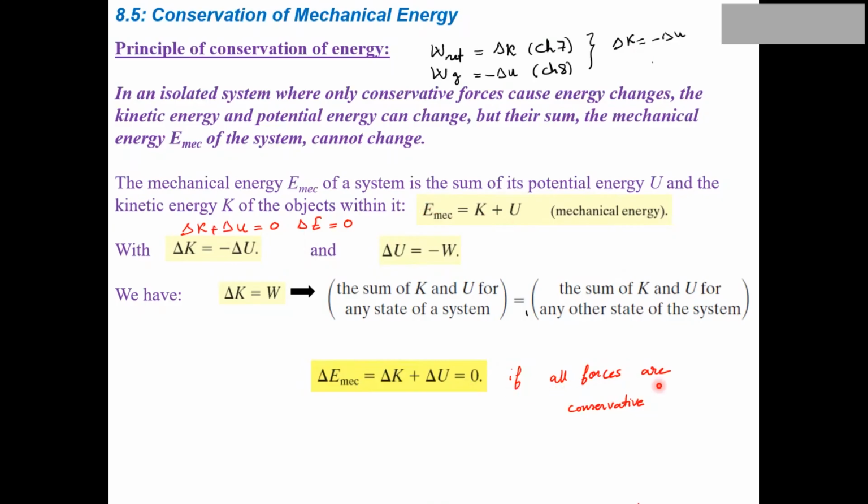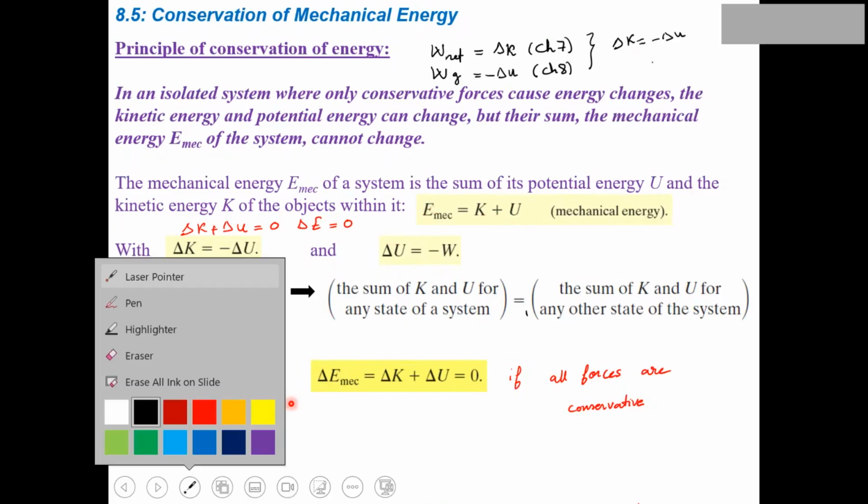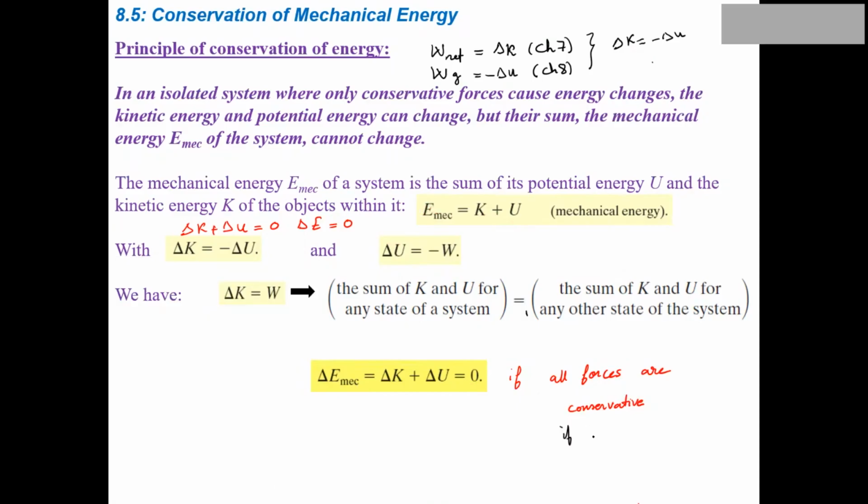I said if all forces are conservative. What do we mean by that? I mean that if the work is done only by gravity or spring force.